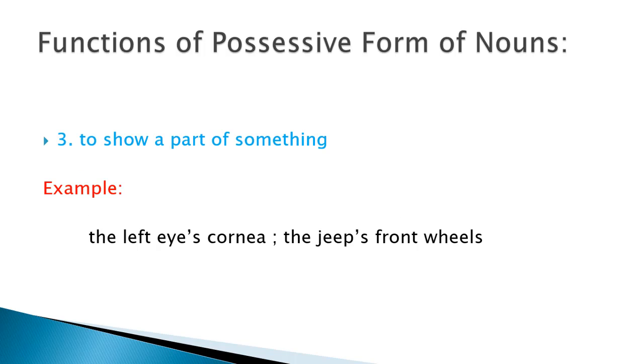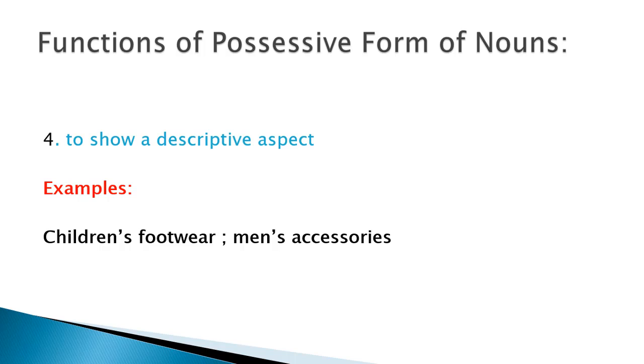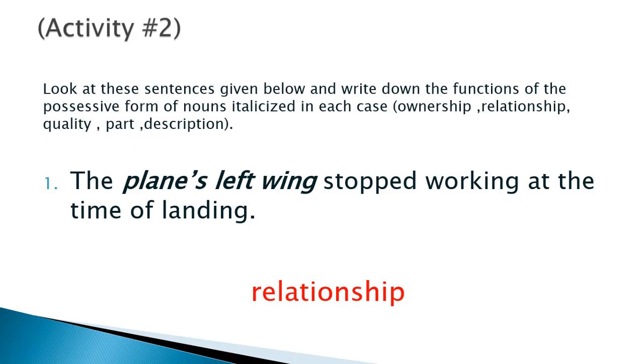Next, to show a part of something, we use possessive form of nouns: the left eye's cornea, the jeep's front wheels. Another function is to show a descriptive aspect. Examples: children's footwear, men's accessories.